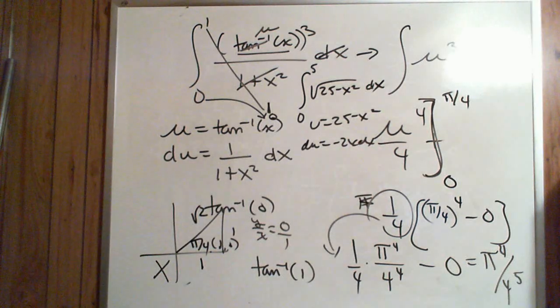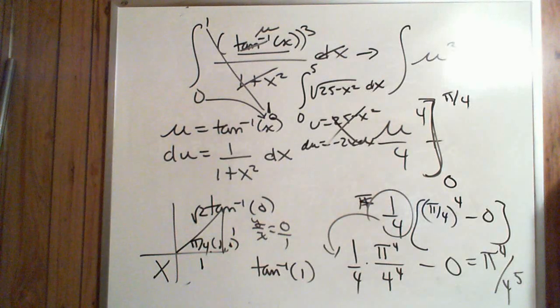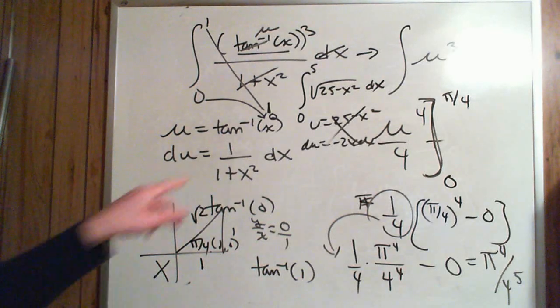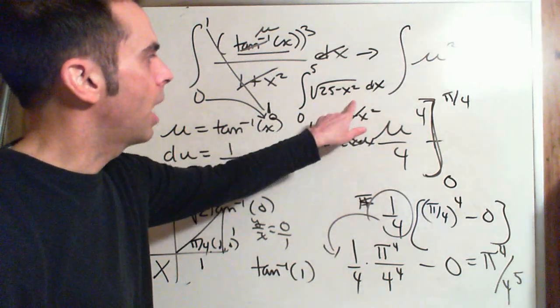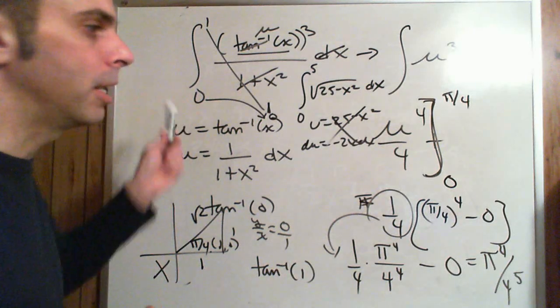I cannot put a variable in there. So u substitution would not work. Well, what will work is geometry still. Graphing this as a semicircle from negative 5 to 5 of radius 5 and using my area formulas. Okay, so we still have to rely upon the other methods we've learned to often evaluate the definite integral.